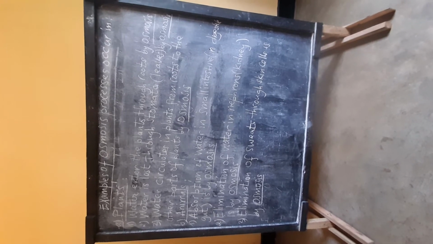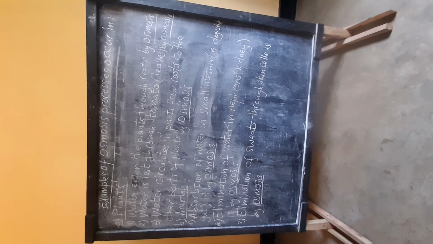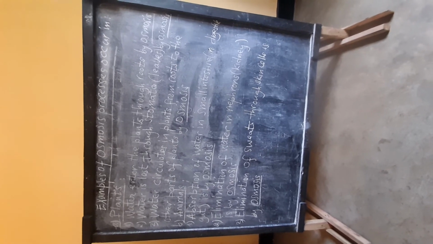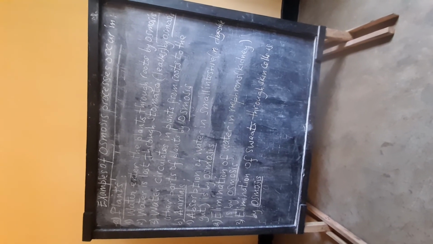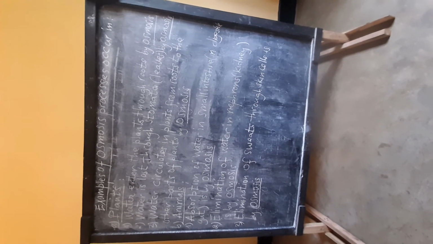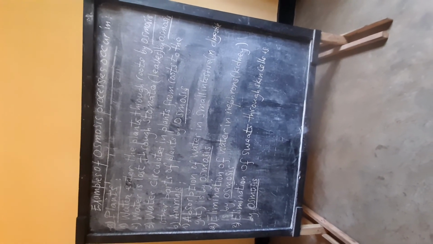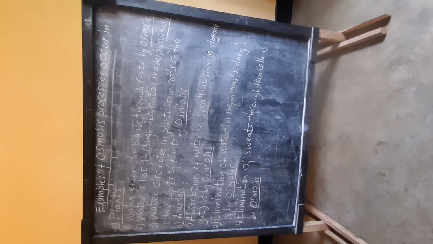I encourage you to follow the next lesson that will talk about active transport. As we have seen in these previous lessons, we have talked about the passive movement of substances across the cell membrane.